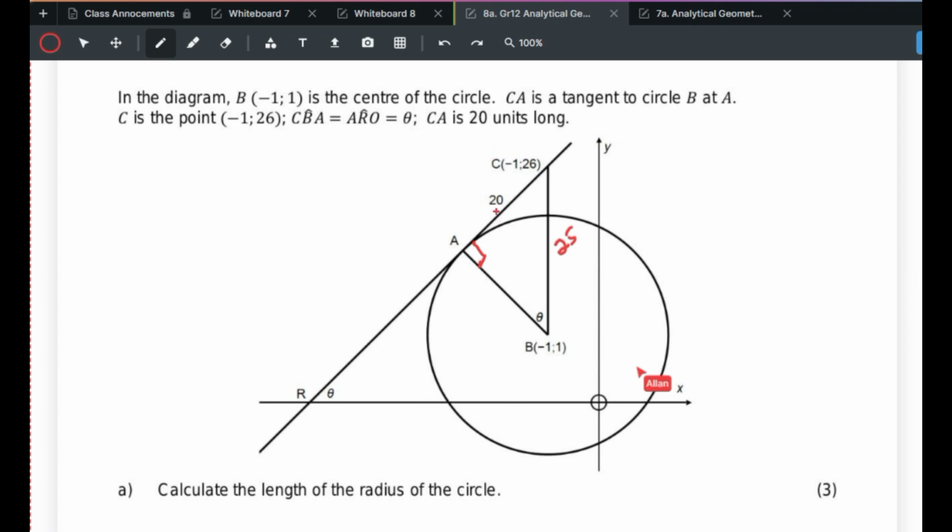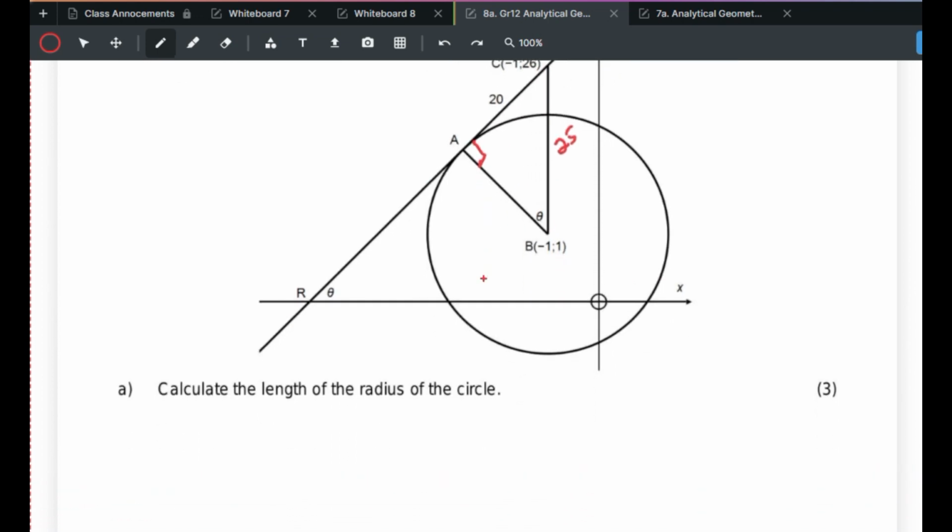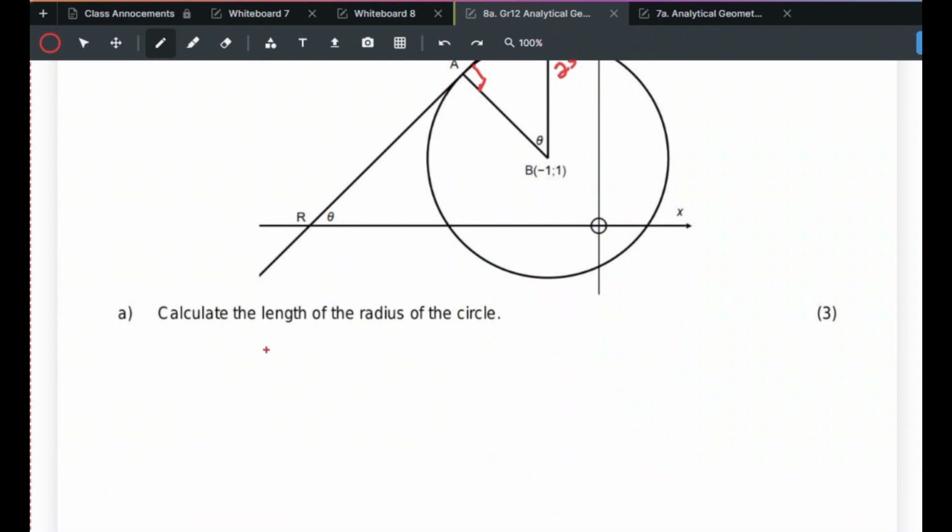Yeah, okay. So obviously it's 25 because the x's are the same, right? So it's a straight line. So we just need to subtract the 26 minus 1. Okay, so to get this one over here, you say you want to use Pythagoras. So 25 squared equals 20 squared plus our radius squared.